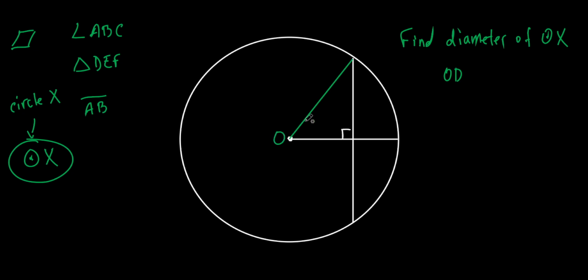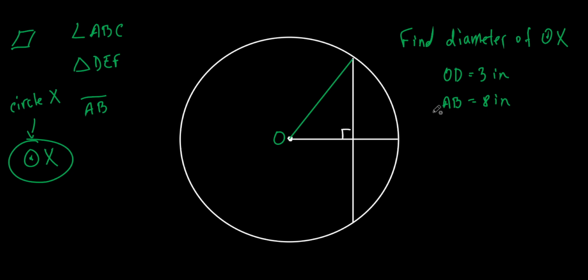It's not a zero, it's the letter O. So they tell you that OD is 3 inches. And they also tell you that AB is 8 inches. And you have to find the diameter.